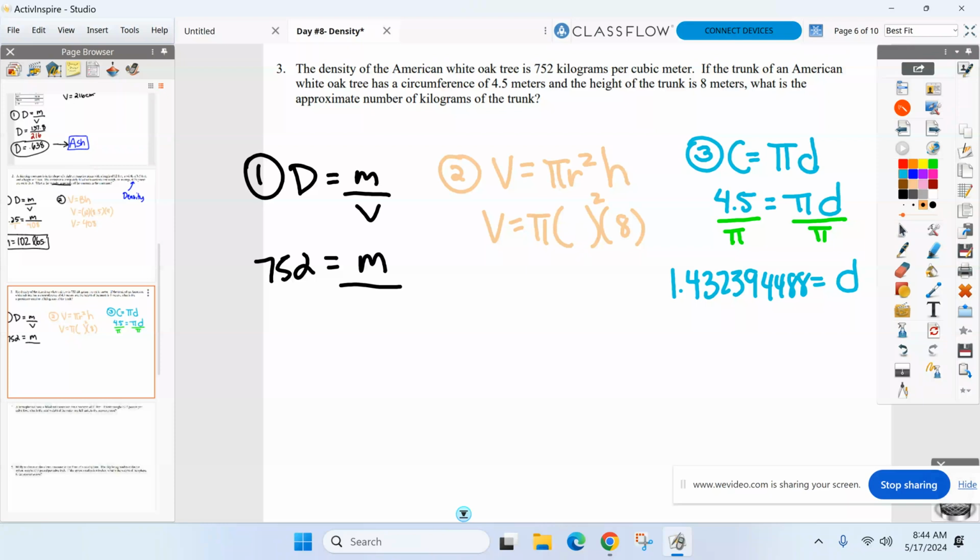But again, remember we need radius, so let's cut that beast in half. Everyone's cutting it in half and getting, let's see here, I got 0.7 and change. Substitute that in.